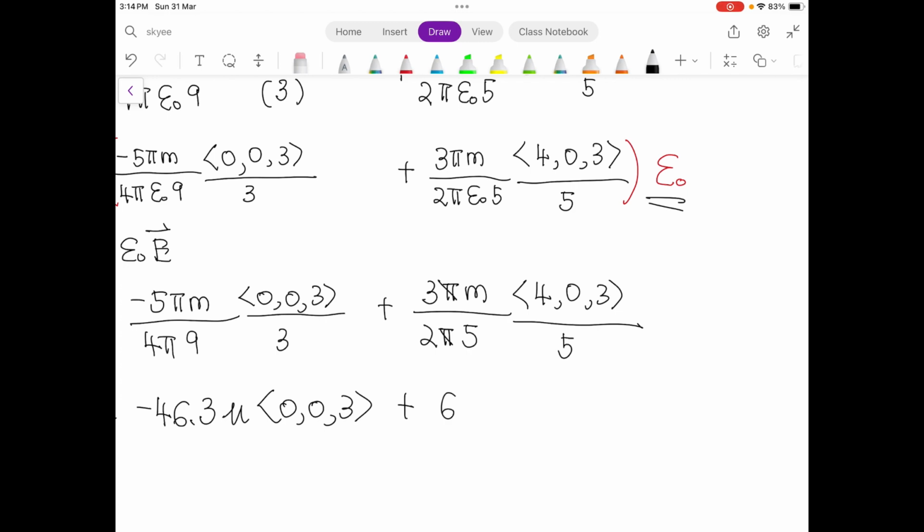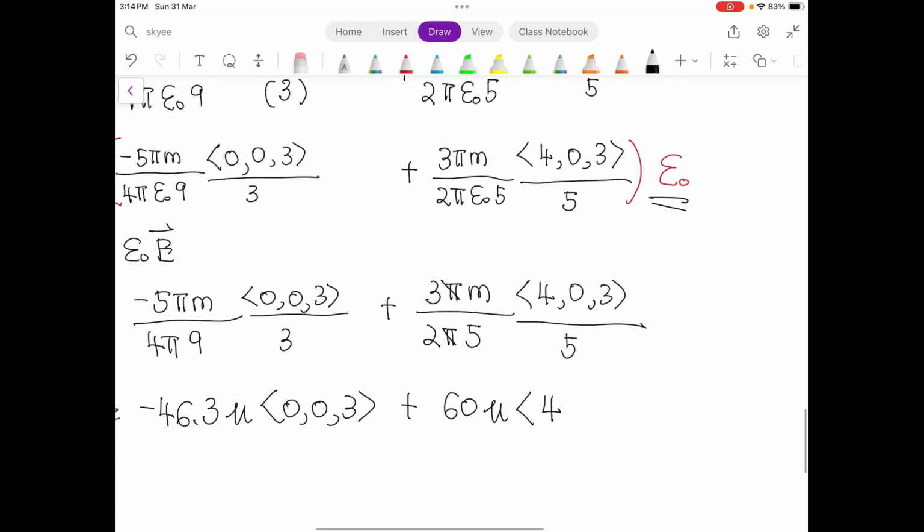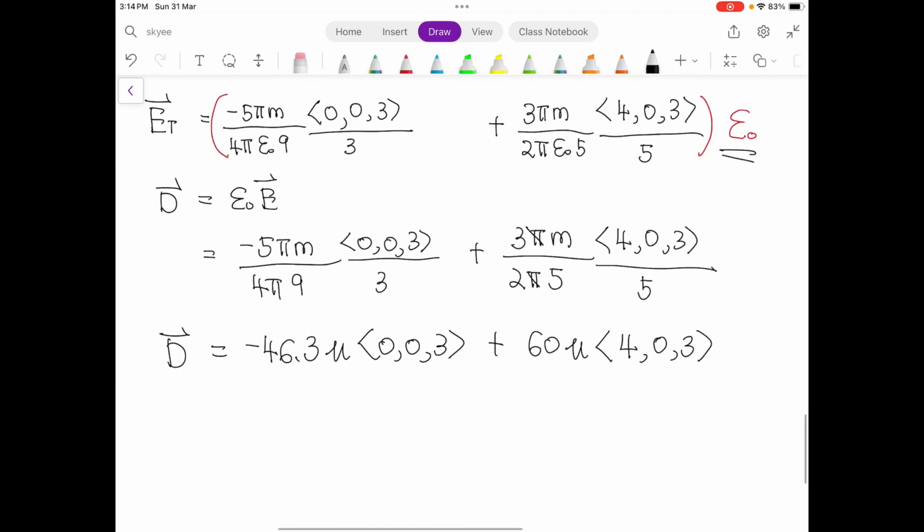So this one you have 60 micro. So the total will be, the X will be 240 micro.